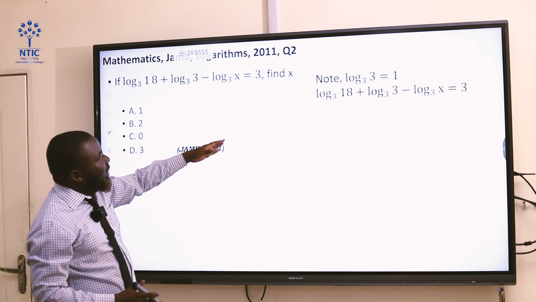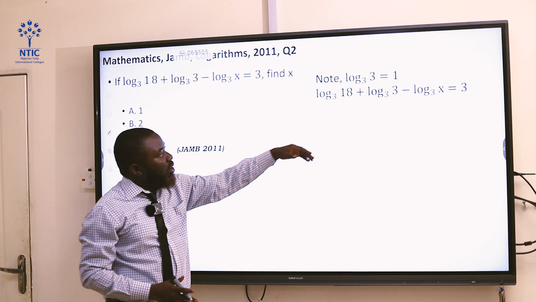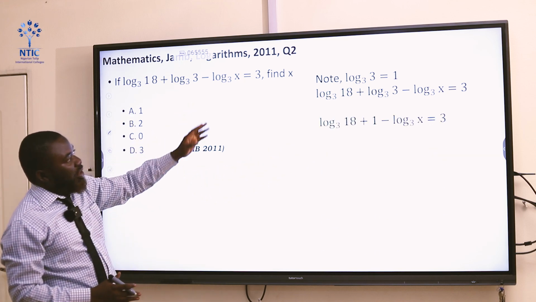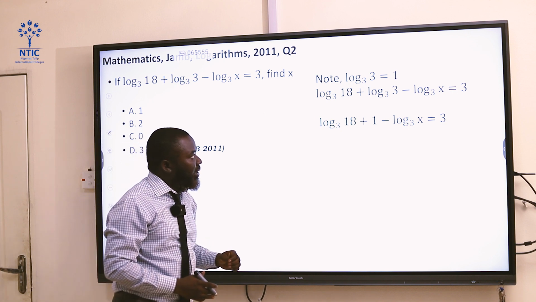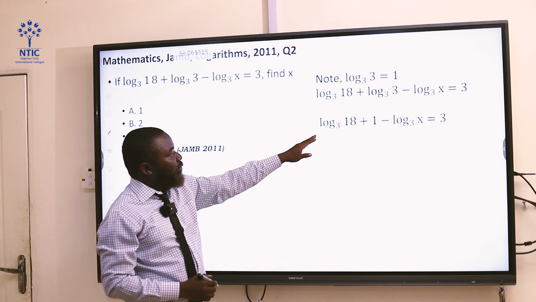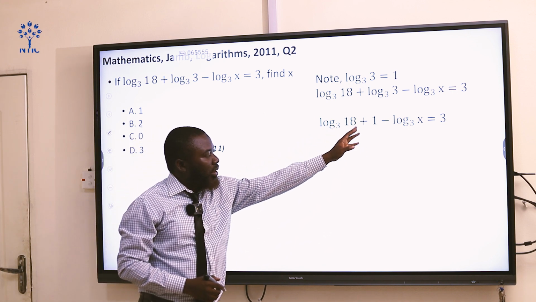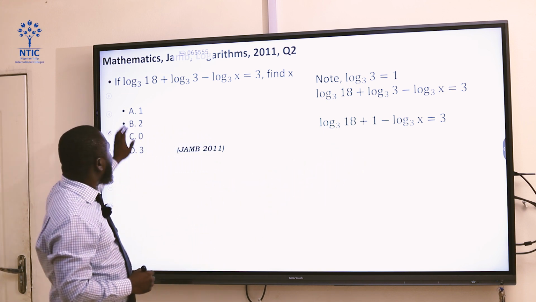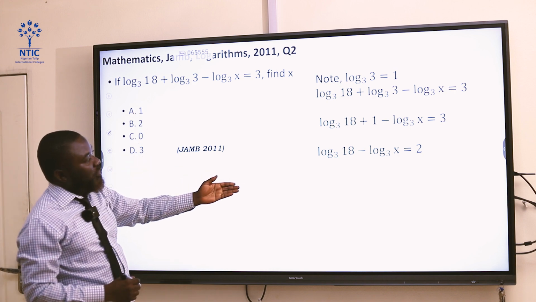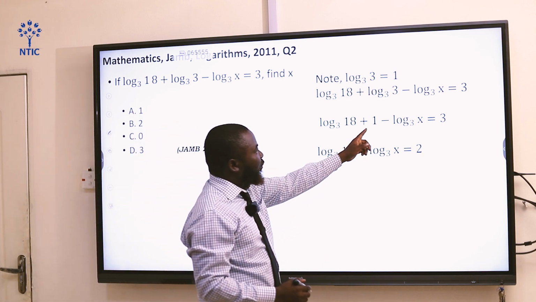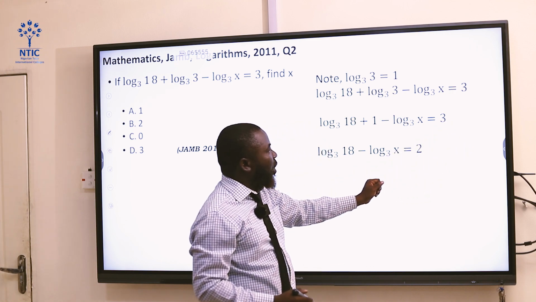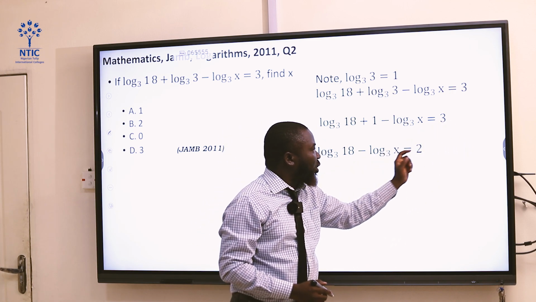Then log 18 plus 1 minus log x base 3 equals 3. Then let's collect like terms. If you move plus 1 to the right hand side, you're going to have minus 1. So therefore 3 minus 1 will give us 2.